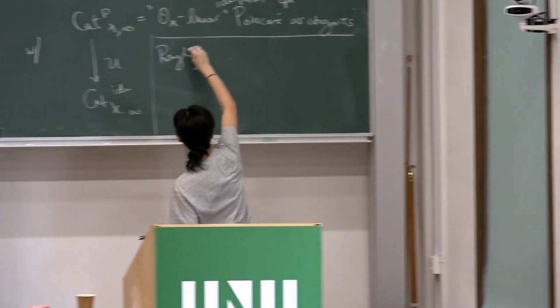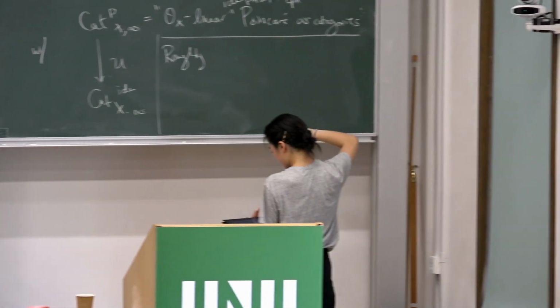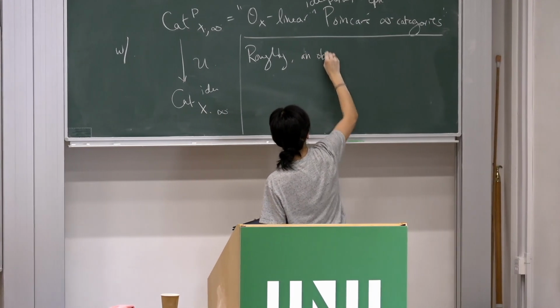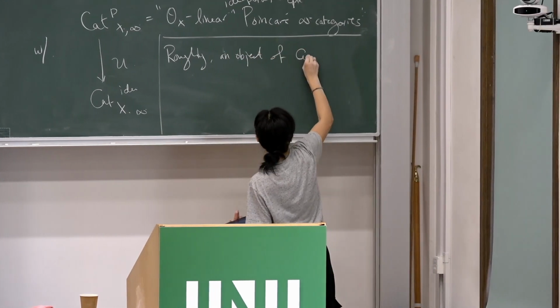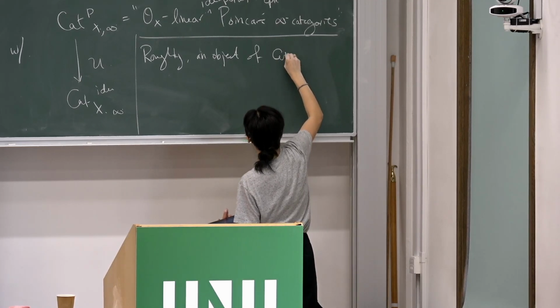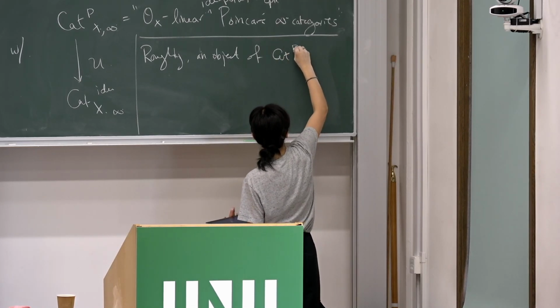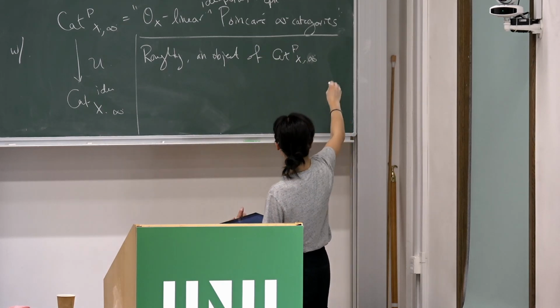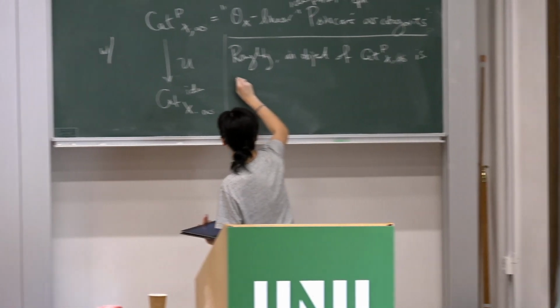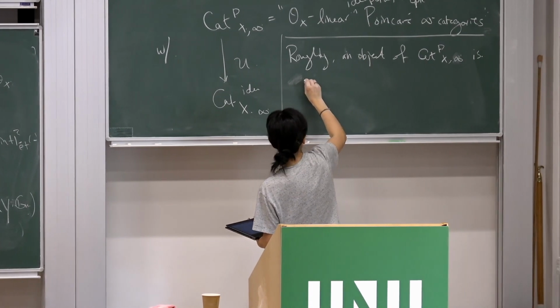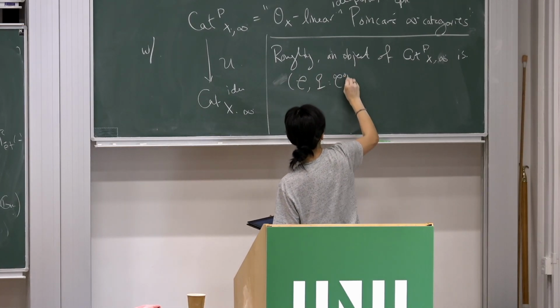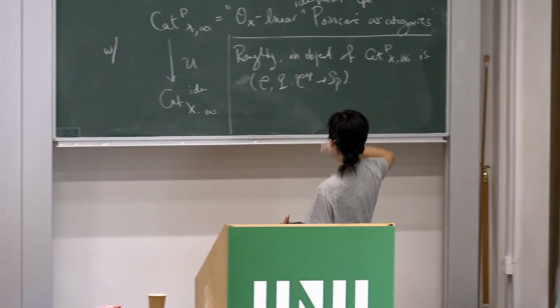Roughly, an object of this is a pair (C, kappa), where kappa is some functor.